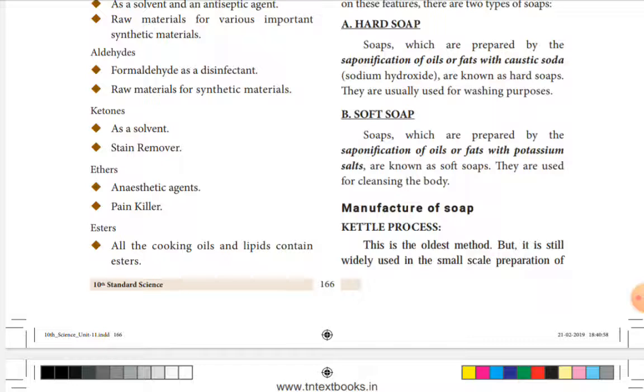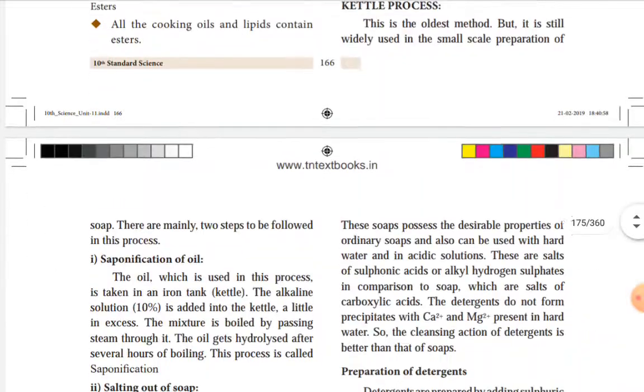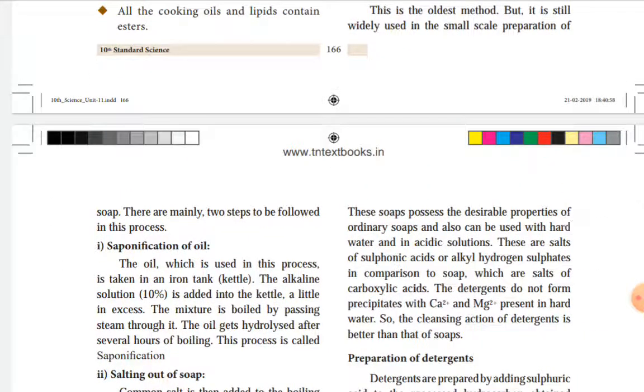This is the oldest method, but it is still widely used in small scale preparation of soap. There are mainly two steps in this process.